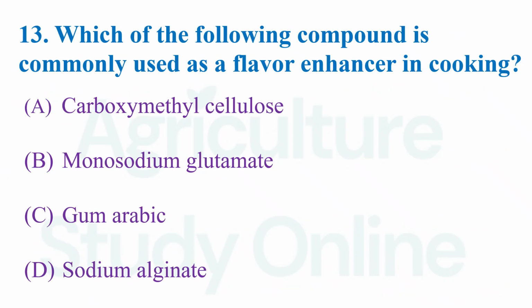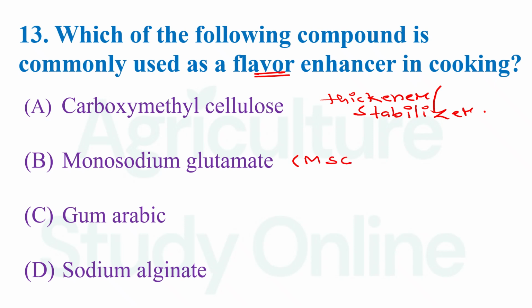Question number 13. Which of the following compounds is commonly used as a flavor enhancer in cooking? First option, that is carboxymethyl cellulose. It is used as a thickener, stabilizer, not as a flavor enhancer. Monosodium glutamate, that is MSG. So this is the correct option.